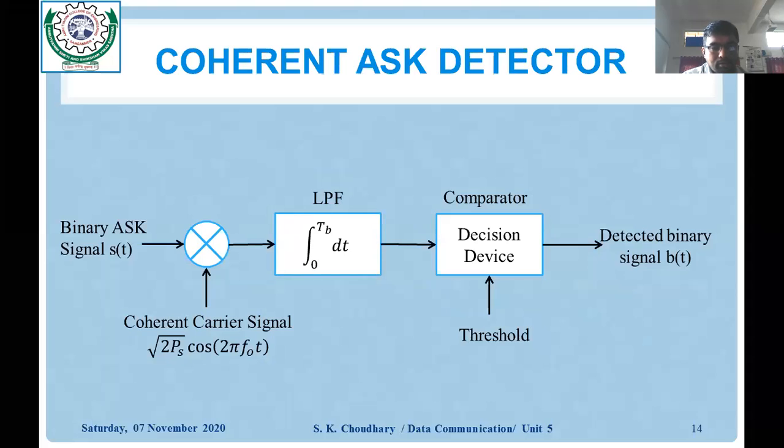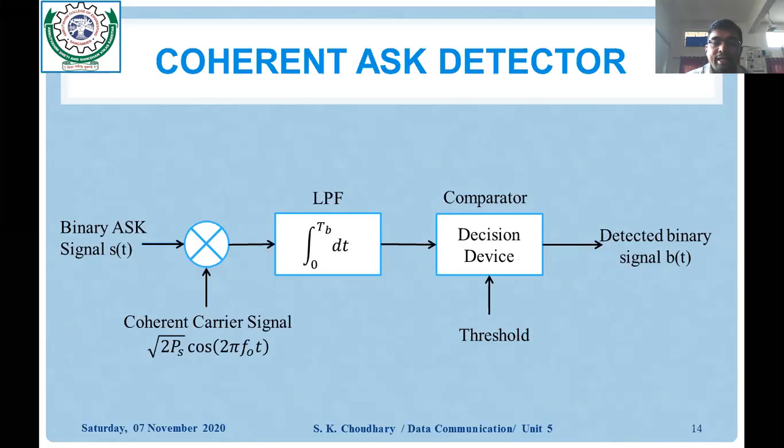You can see here at the receiving end, a noisy version of the binary ASK signal s(t) is received, and that is applied to a multiplier, where the other signal is a coherent carrier signal.